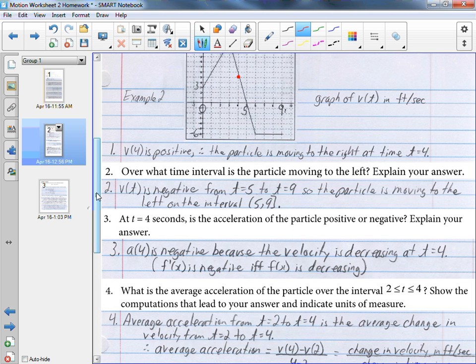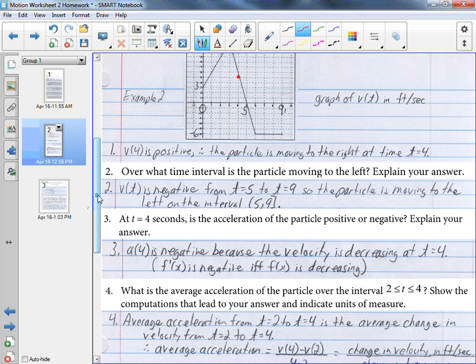And the average rate of change we can always find using the slope formula, y2 minus y1 over x2 minus x1. It's not going to be y's and x's anymore, is it? But it's the same idea. So the average acceleration of the particle on the interval from 2 to 4. Show the computations that led to your answer and indicate units of measure.